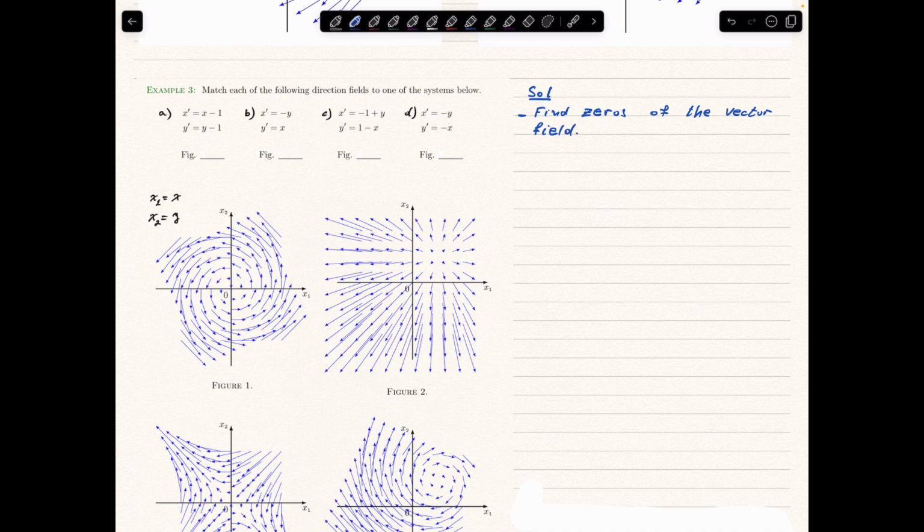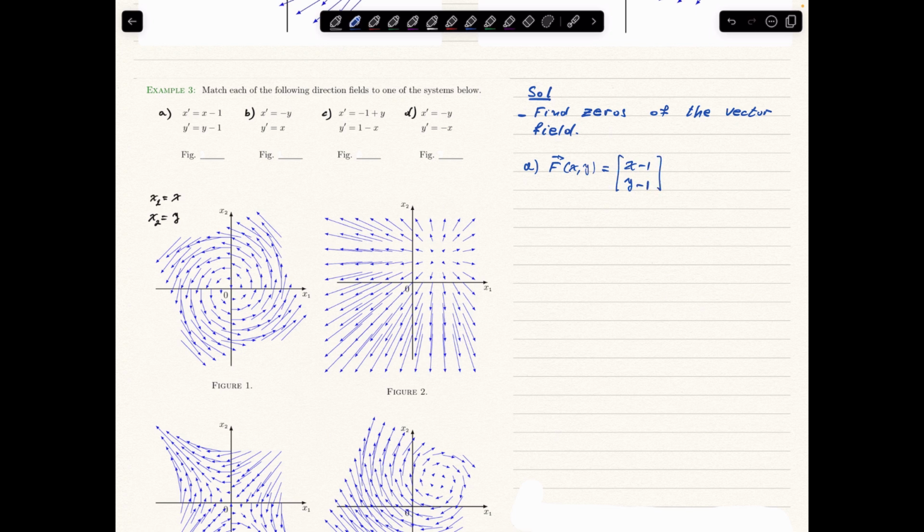Okay, let's grab the system in A. The vector field associated to that system is given by the right hand side. So the vector field F at the point, I'm going to use x and y here, is x minus 1, y minus 1.